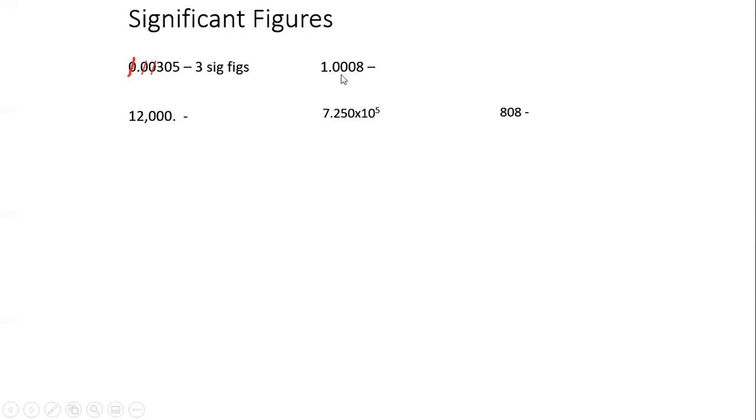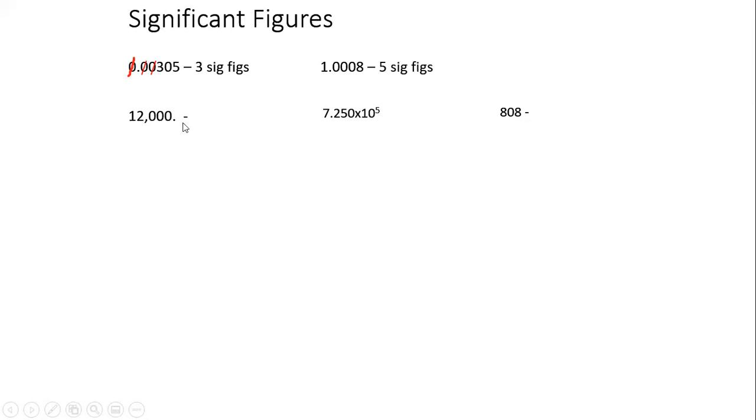Likewise, if we go to 1.008, again, these three zeros between 1 and 8 are captive zeros because they're between two non-zero numbers. And remember, all non-zero numbers are significant, and captive zeros are also significant. So this would be 5 significant figures.